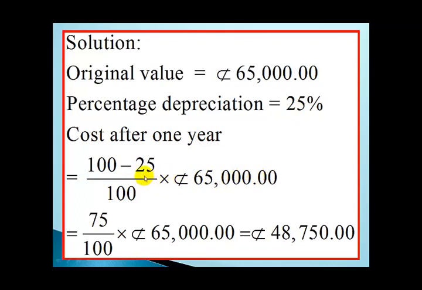Now 100 minus 25 equals 75. So we have 75 over 100 times 65,000, and this is equal to 48,750 cedis. So this is our new value with the 25% depreciation.